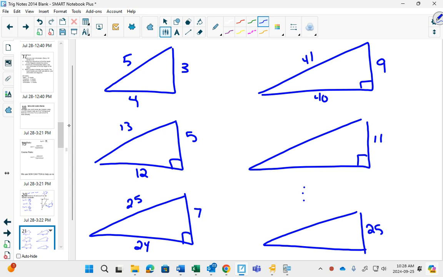The 11 one is 60 and 61, yes. Okay, so let's talk about the patterns that we saw initially. But I'm going to ask, does your pattern help you find the 25 one right away? No? Okay.